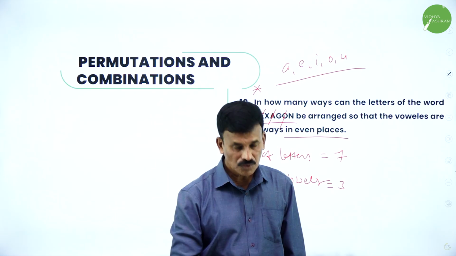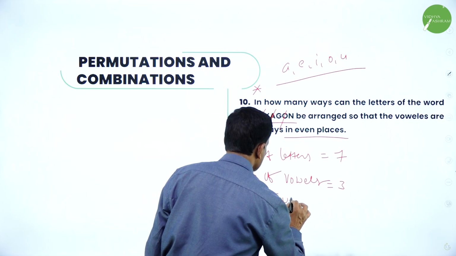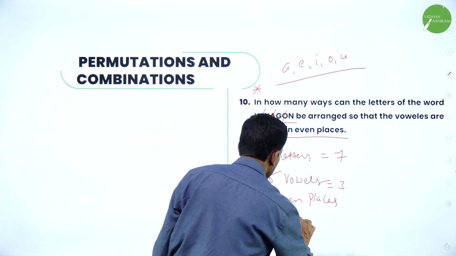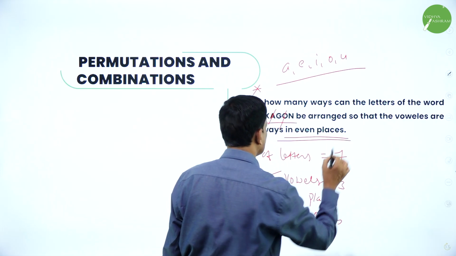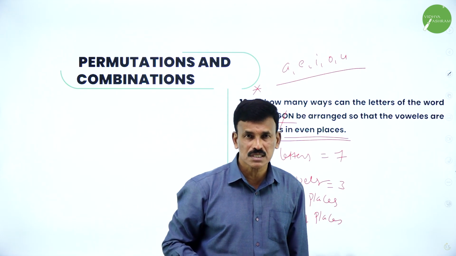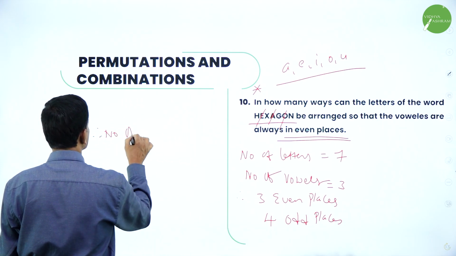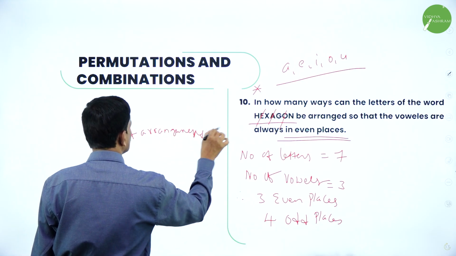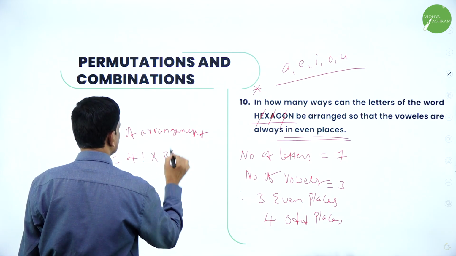So there are 3 even places and 4 odd places. We have to keep these vowels in the even places. So the number of arrangements is 4 factorial into 3 factorial.